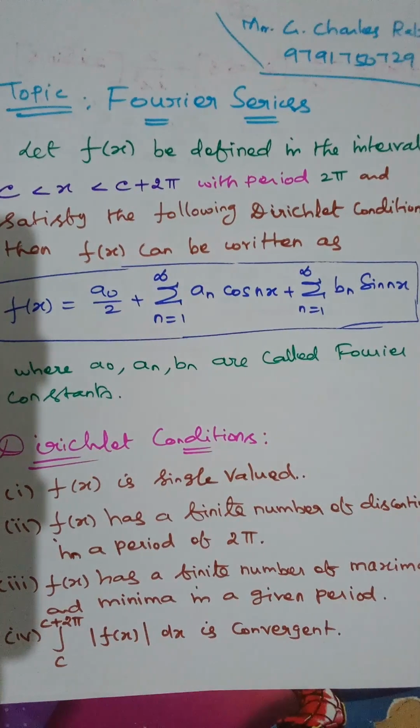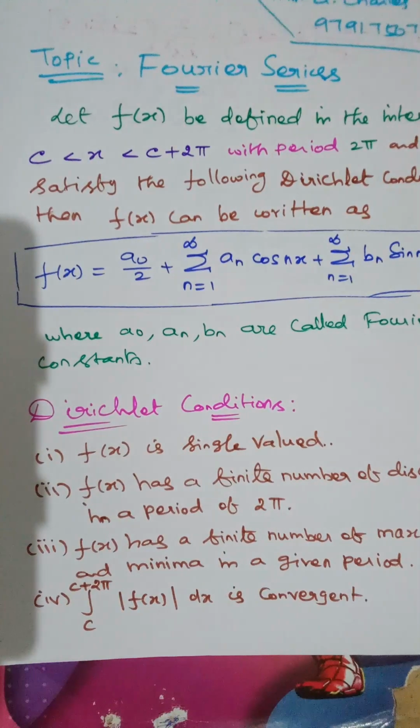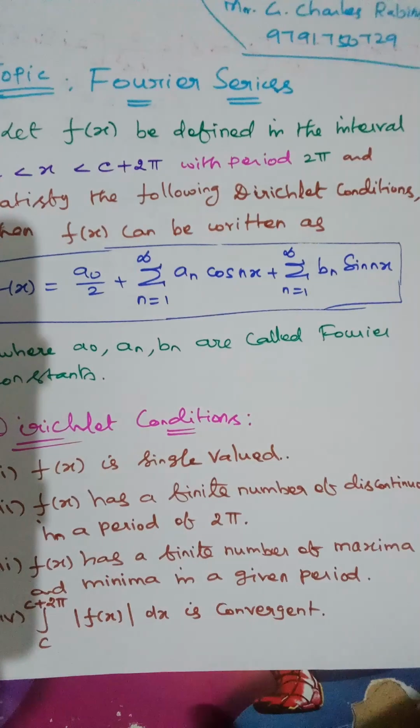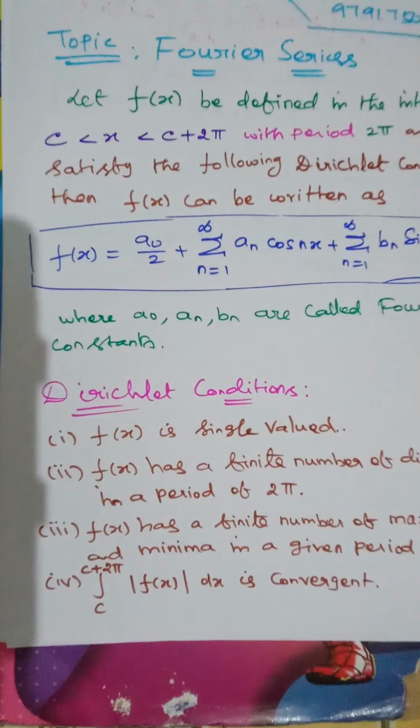Then f of x can be written as f of x is equal to a naught by 2 plus summation n is equal to 1 to infinity a n cos nx plus summation n is equal to 1 to infinity b n sin nx. See, this is very important for us, isn't it?